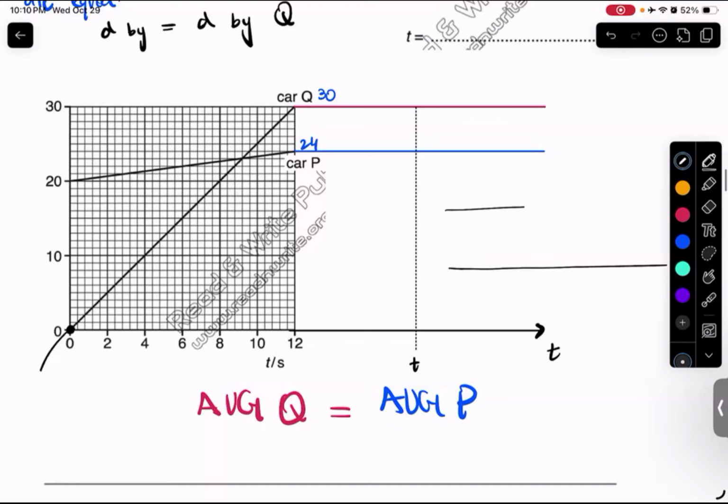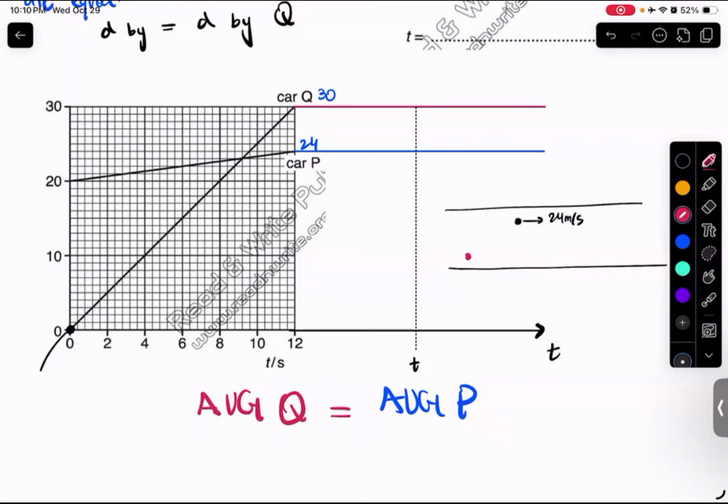This is car P, which is traveling at 24 meters per second. And this is car Q. This is P, okay, and this is Q, okay. And car Q is traveling at a speed of 30 meters per second, okay. Because Q is faster, right, at this point, Q will overtake P at some point.